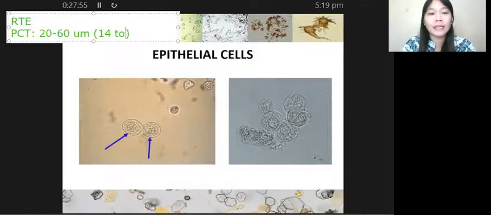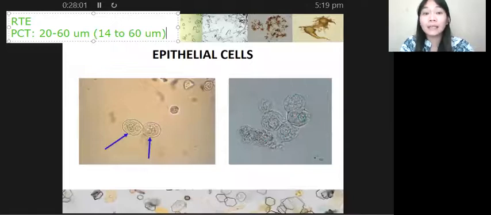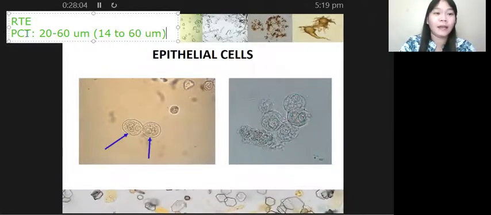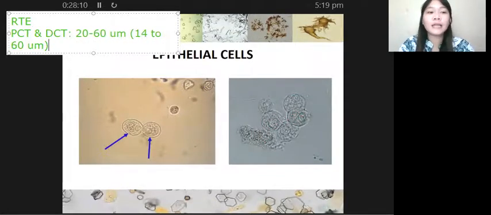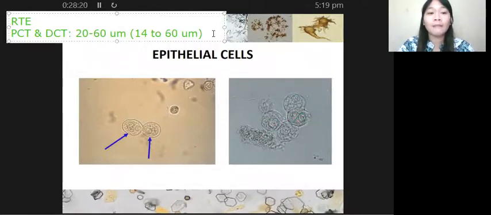Regardless of the value, what you have to remember is that cells that come from your PCT, and also from the DCT, are the largest renal tubular epithelial cells. So we have 14 to 60 or 20 to 60 micrometers.